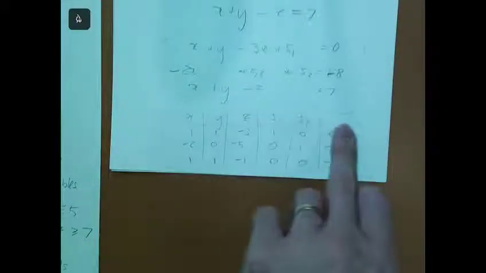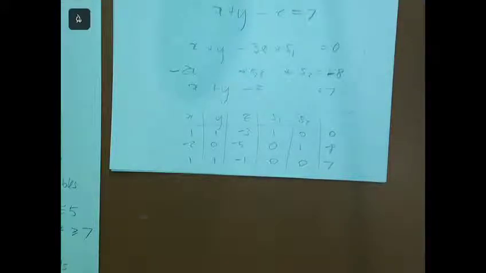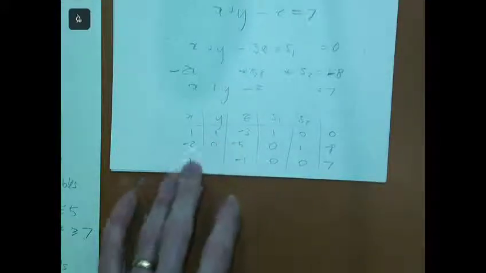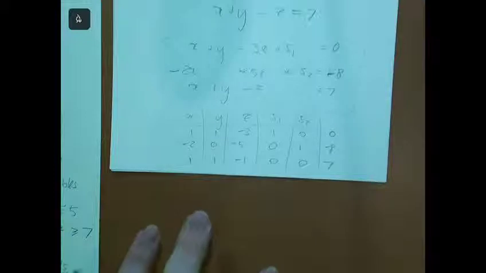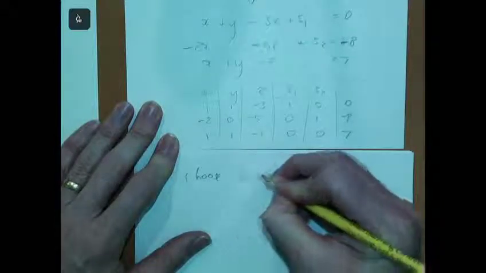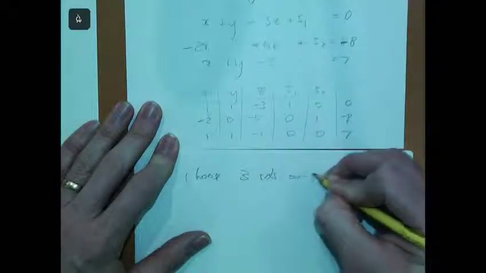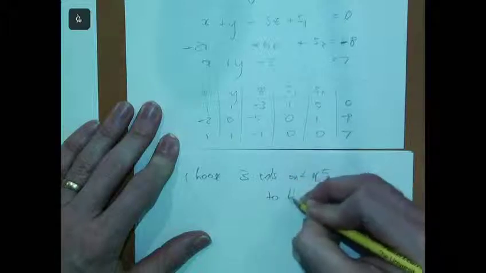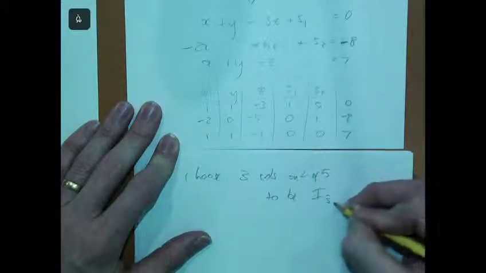I have 5 columns in which I can put an identity matrix, and the identity matrix I will fit will be a 3 by 3. So I'm going to need to choose 3 columns out of those 5 to be my identity matrix.